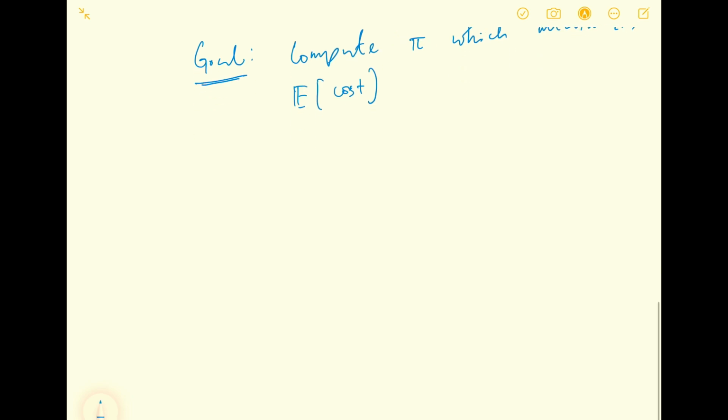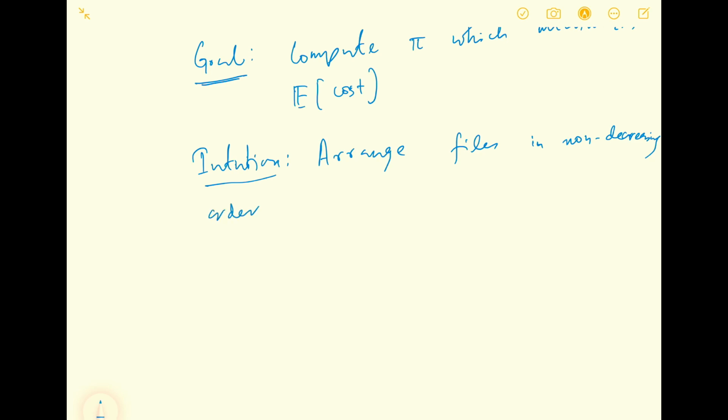So intuition says arrange files in non-decreasing order of length.